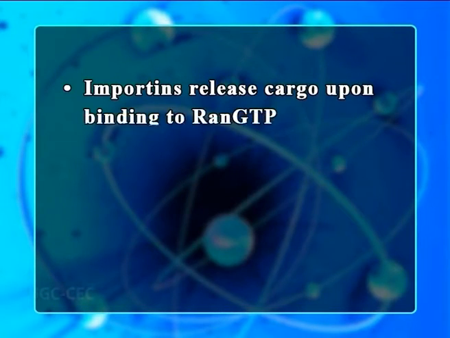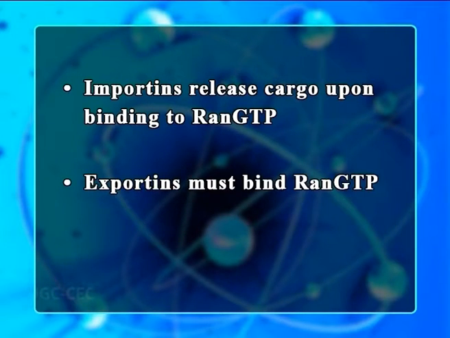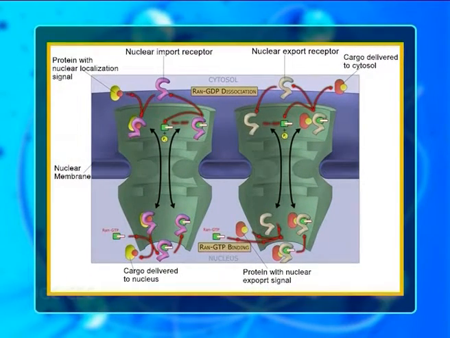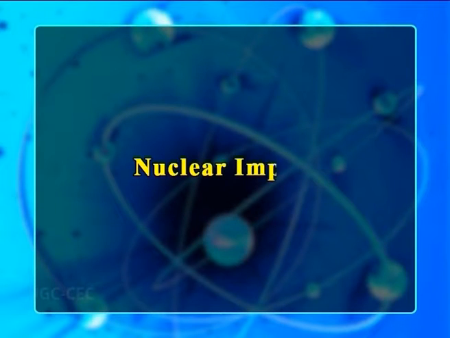Importins release cargo upon binding to RAN GTP, while exportins must bind RAN GTP to form ternary complexes with their export cargo. The dominant nucleotide binding state of RAN depends on whether it is located in the nucleus or the cytoplasm. Now let us first discuss nuclear import.